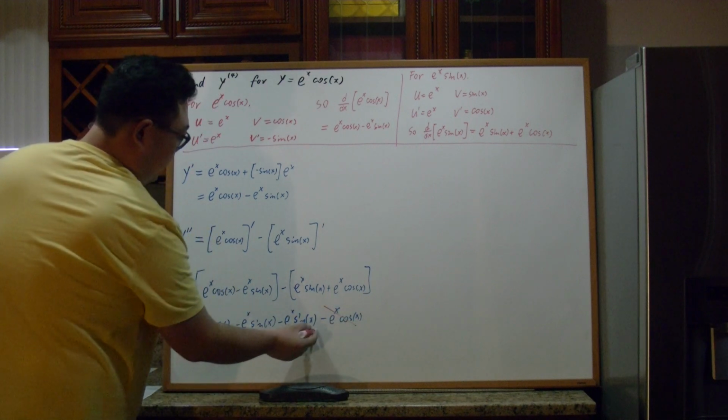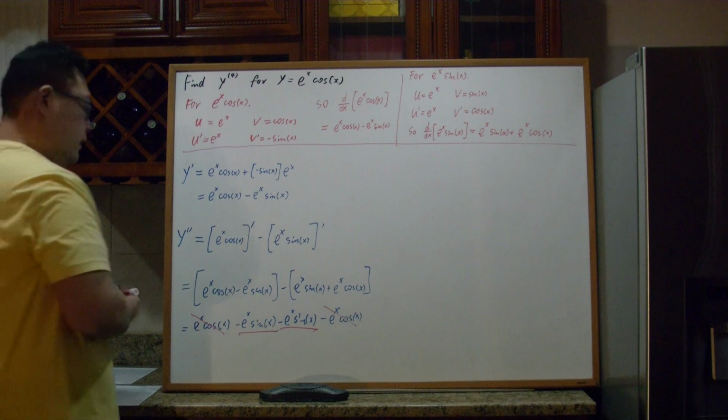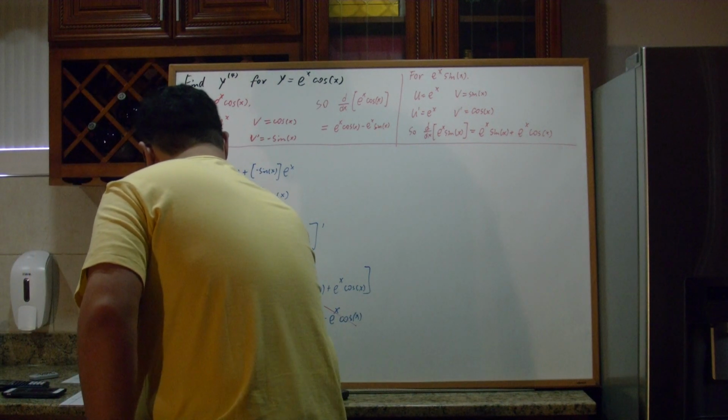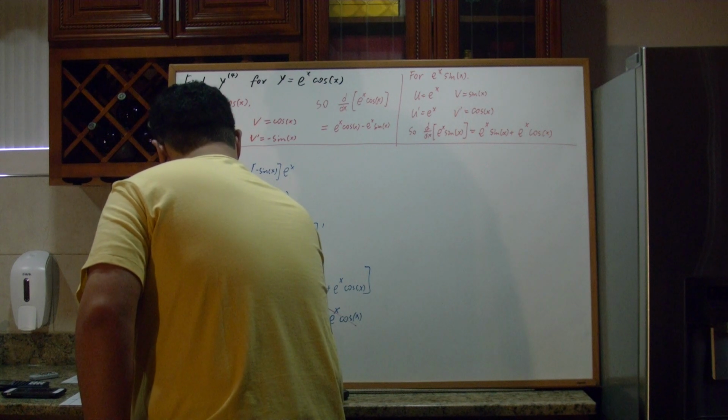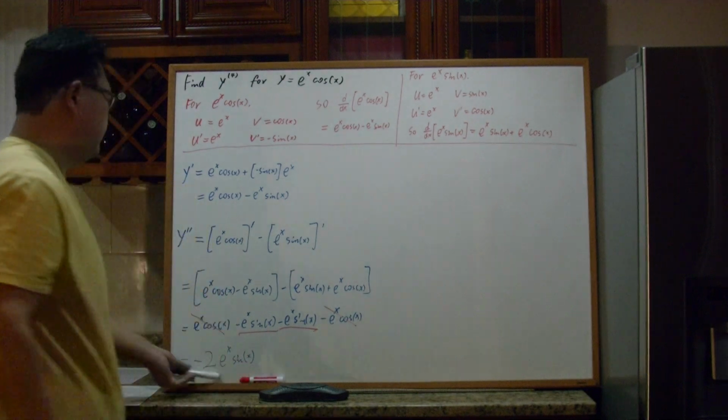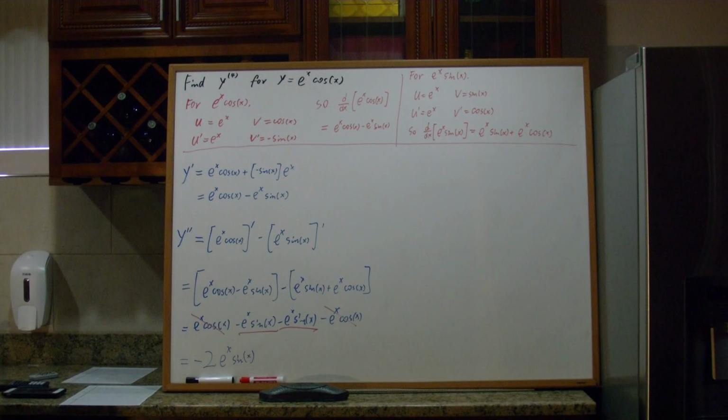And we have the negative e to the x sine x. That's negative 2 times e to the x sine x, to be our second derivative.